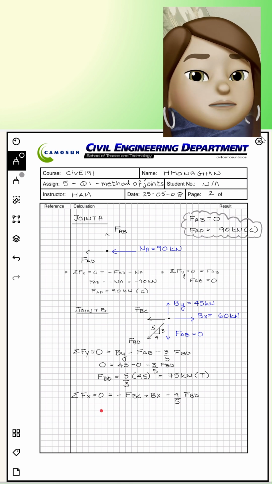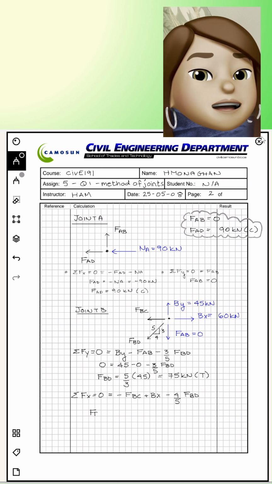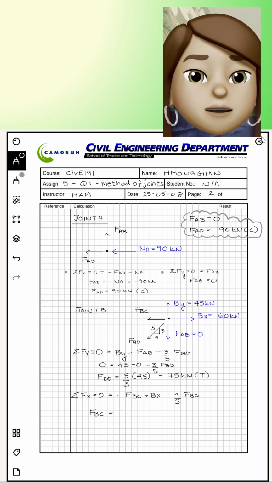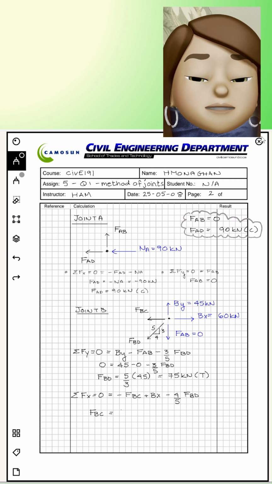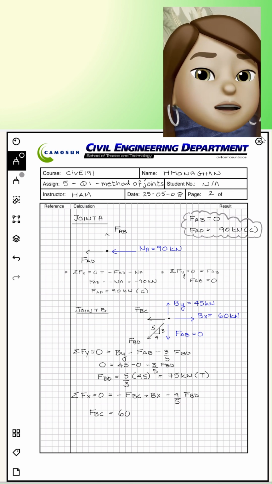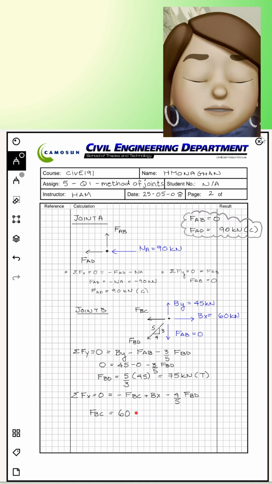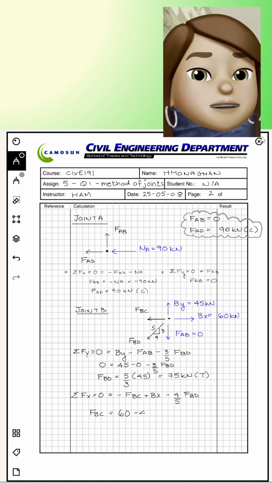Okay, now we're going to do the sum of the forces in the X equals 0. We've got that force in BC going negative. We've got that BX component going positive. And then we've got that force in BD going negative as well at a rate of 4/5. Sweet.